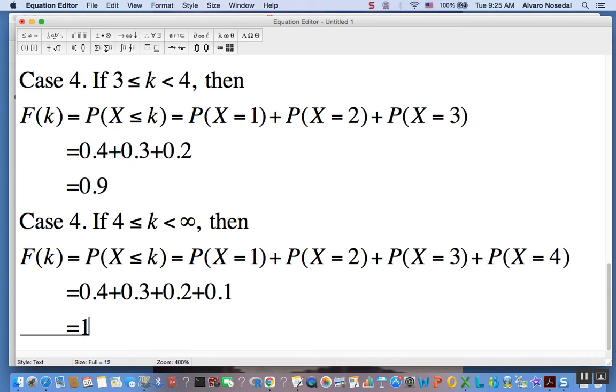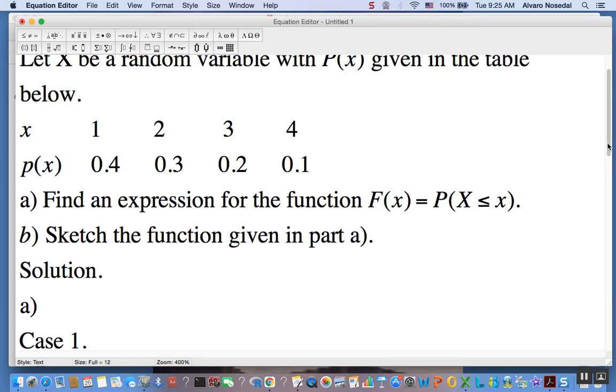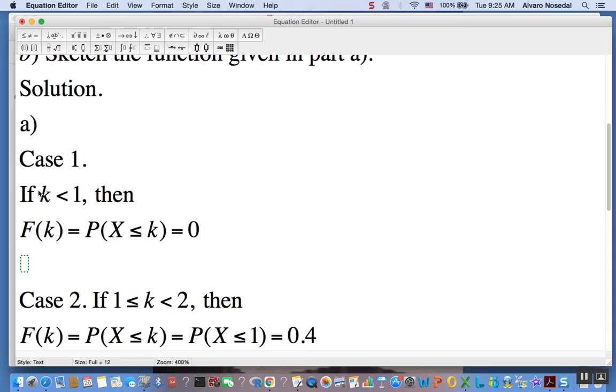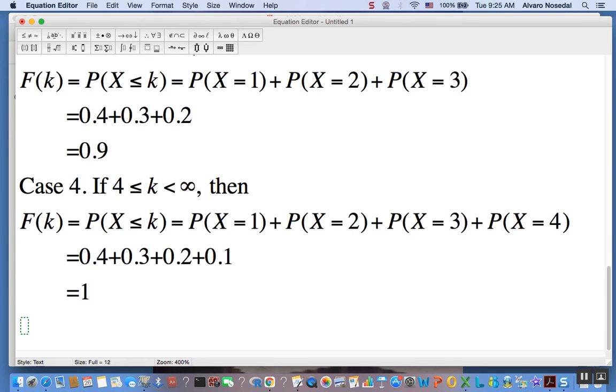Okay? Make sense? Okay, so we're done with part A. We have defined that function, uppercase F, for any number between negative infinity and infinity. All those cases are here. Okay? Now let's try and do part B. We would like to have a graphical representation of this new function, capital F. Okay? Let's use R to do that.